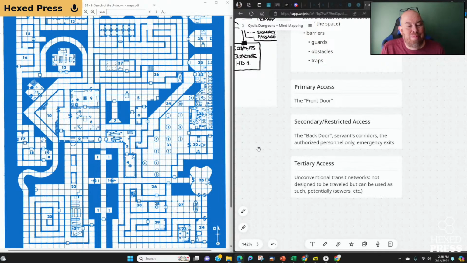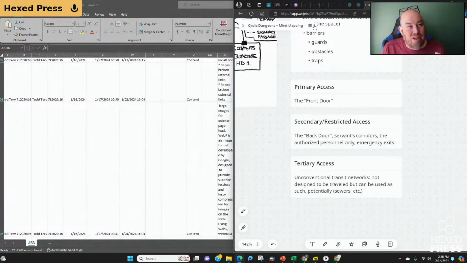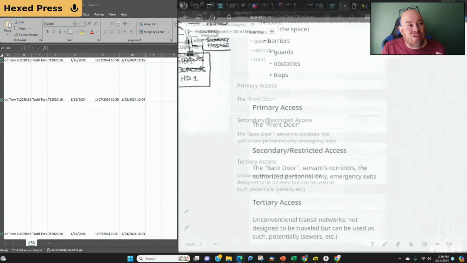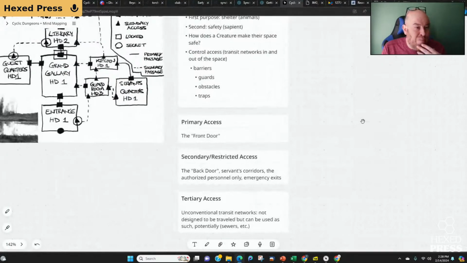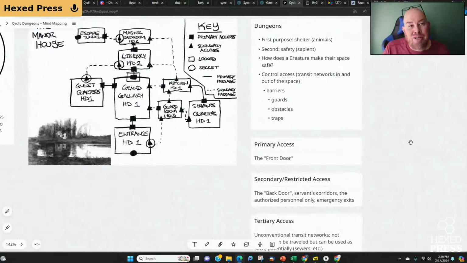Thinking about how sapient creatures are going to be using these spaces, how can we start thinking about that from the design element and not later on? And if we're given a random dungeon, how might a creature come in and take that?